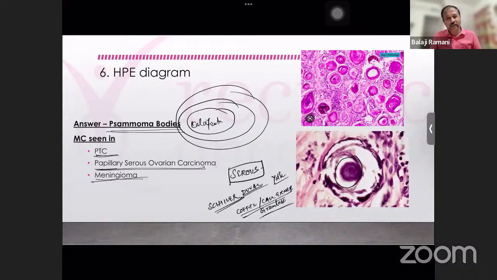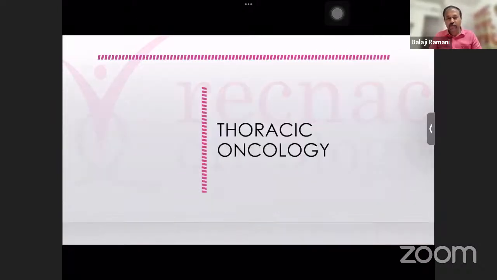You can usually make out, these histological diagrams will be very, very precise and clear. There will be no confusion usually. It will be very clear, and there will be a clue. So these are easy questions in the sense that if you just know the features, then you can answer. Most of these questions will be pretty easy to answer if you know what you are looking for. And today's session I'm closing with this.